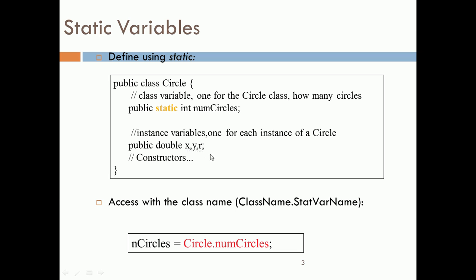X, Y and R are the non-static data members. X and Y determine the X and Y coordinates where the circle is created, and R represents the radius, right? Now I have created a static data member here by the name numCircles, right? This data member is static. It means it will be common for all the objects that you will create in the runner. Let's see how it will work.